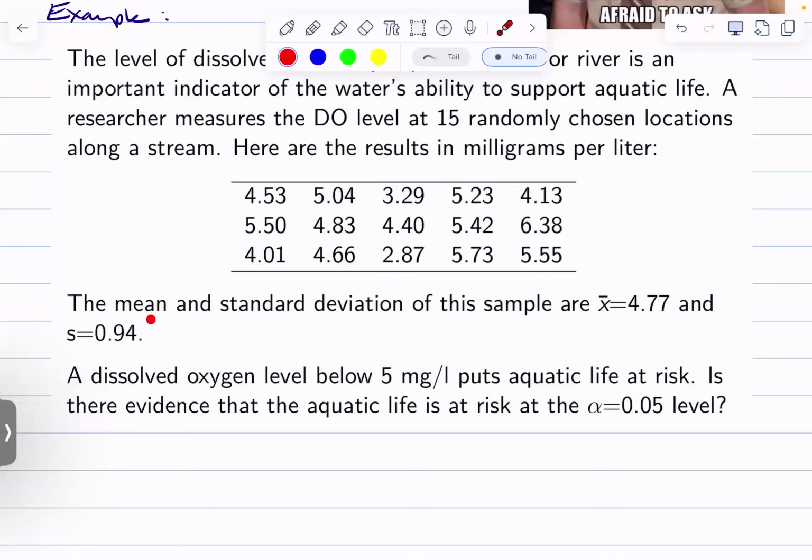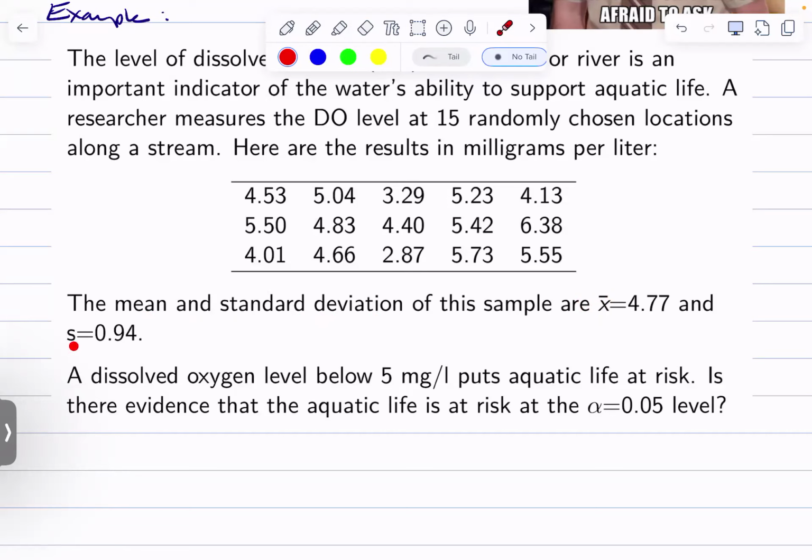And we're told the mean and the standard deviation of this sample, so that's how you know this must be an X bar, right? Even if it's not labeled as X bar, if it's a mean from the sample, it has to be an X bar, which is 4.77.